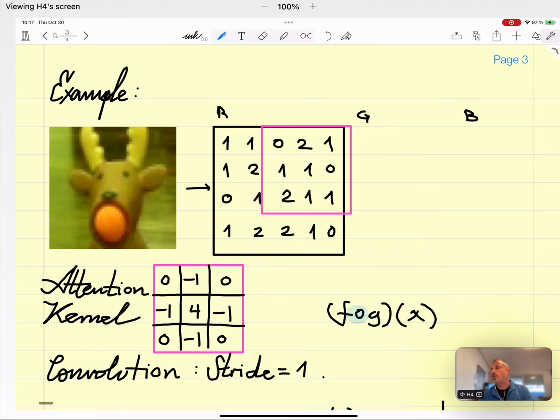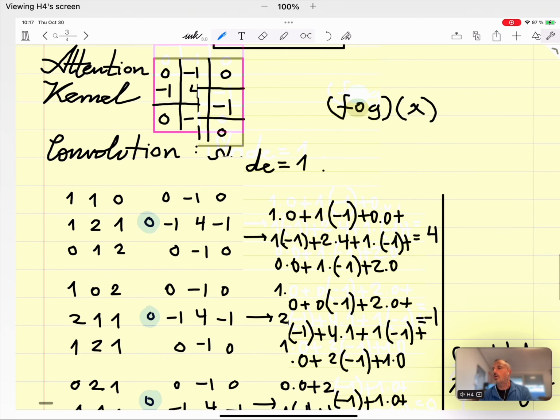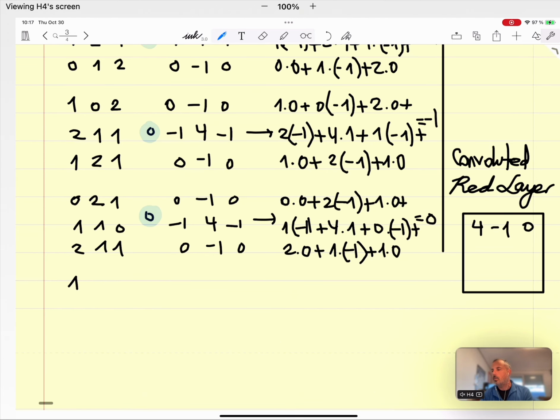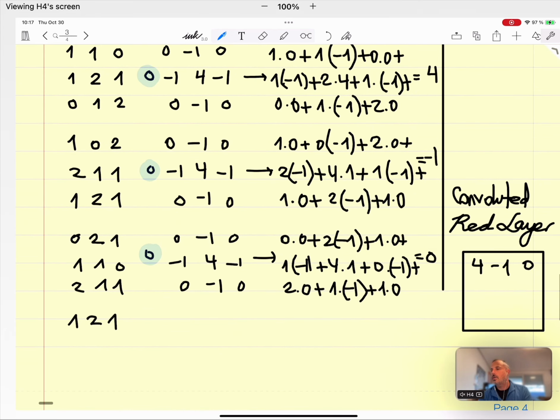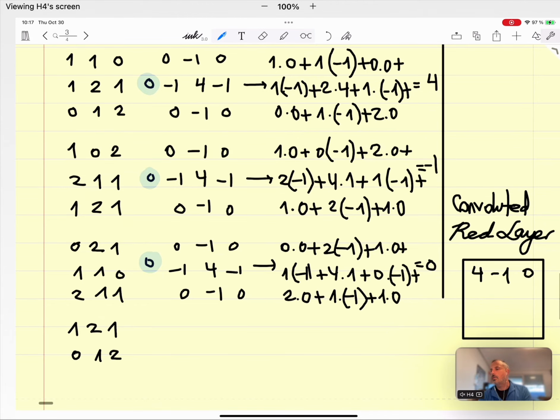Now we would move. I'll do another one. We will move again here. So our new window is 1, 2, 1; 0, 1, 2; 1, 2, 2, with the kernel 0, -1, 0, -1, 4, -1, 0, -1, 0.